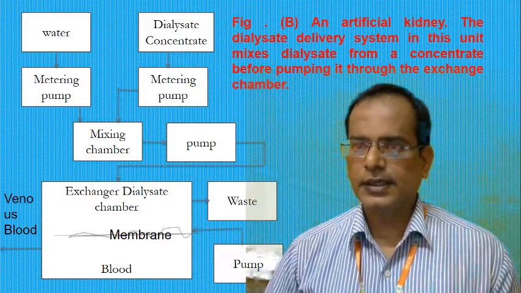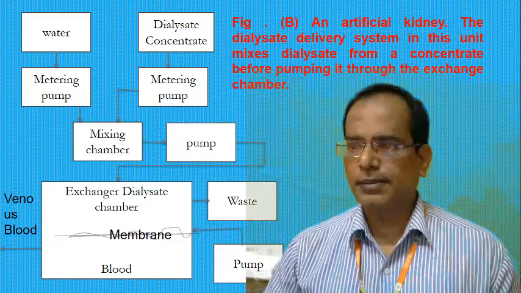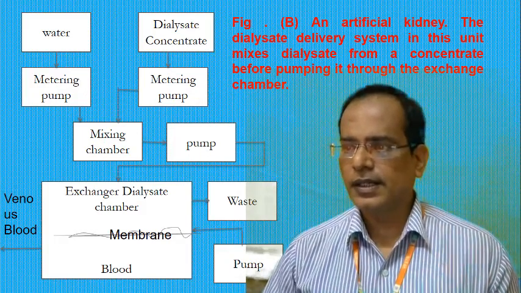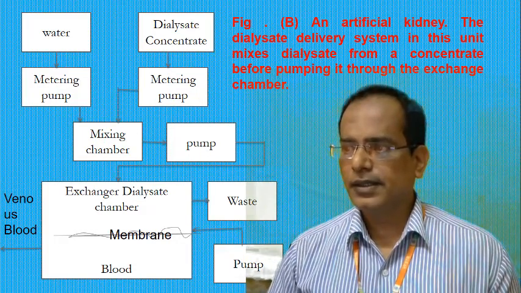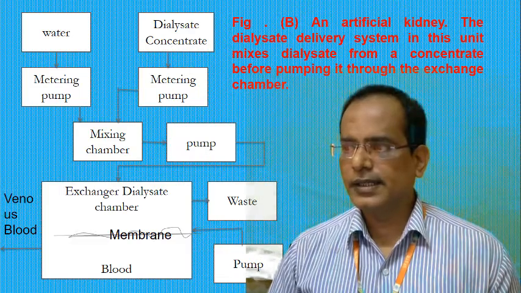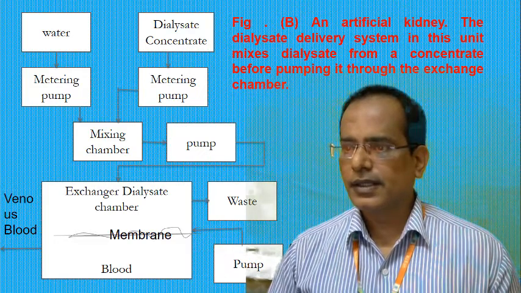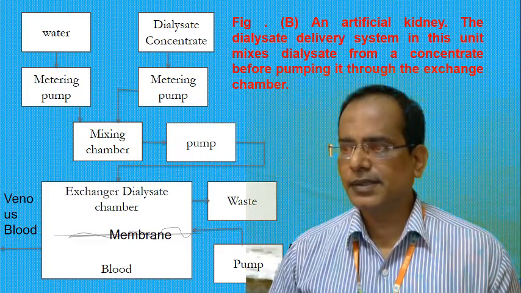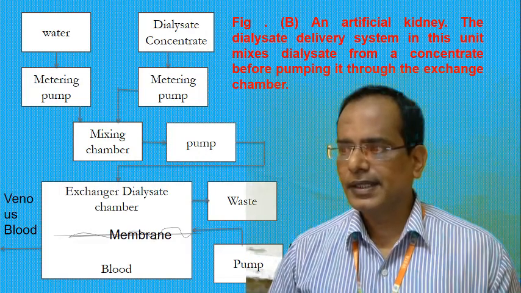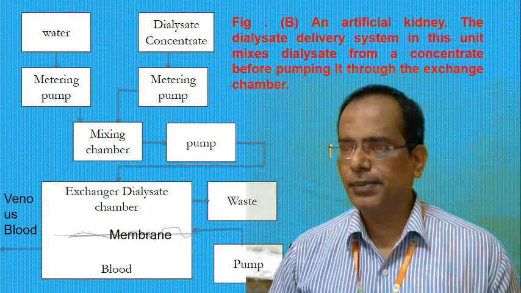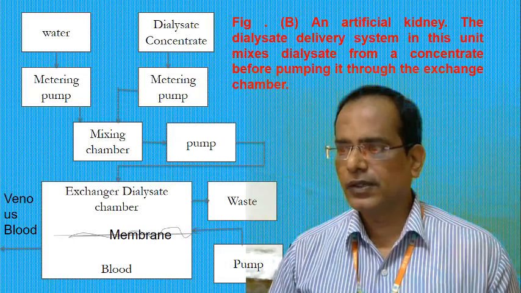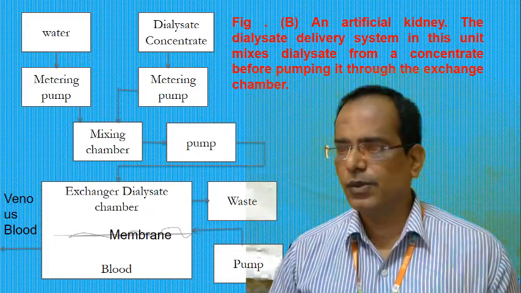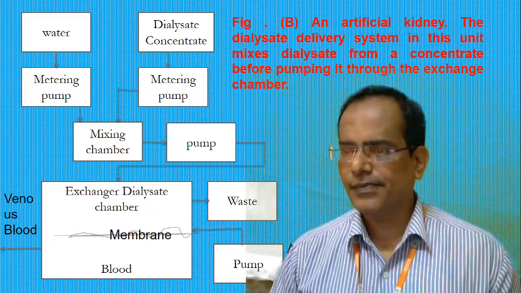In this case the blood flows in the lumina of the fibers while the dialysate surrounds them. The walls of the fibers serve as a semi-permeable membrane. The dialysate is pumped through the space surrounding the fibers to achieve the most efficient exchange.